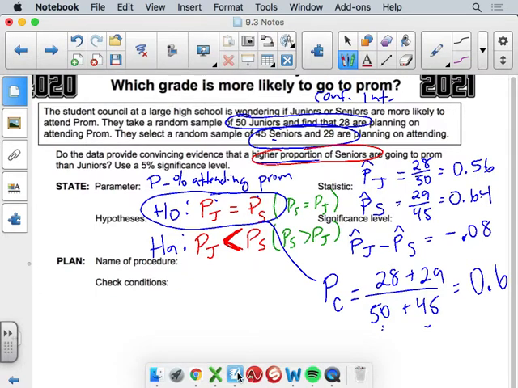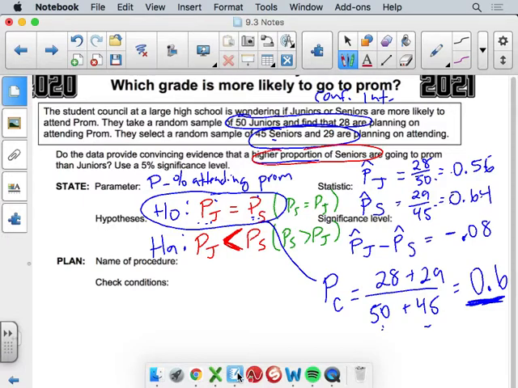So if I was to actually have them be equal, the middle ground from the sample is 60%. We're going to go under the assumption that the true value of both of those is 60%. I get the samples, and this helps me get a middle ground between them. So this is going to be our assumed true proportion.